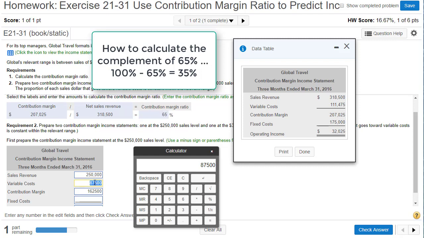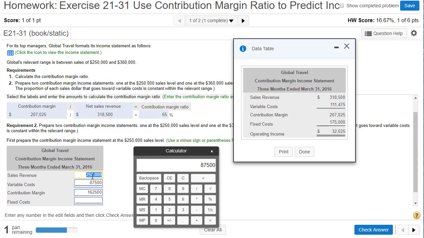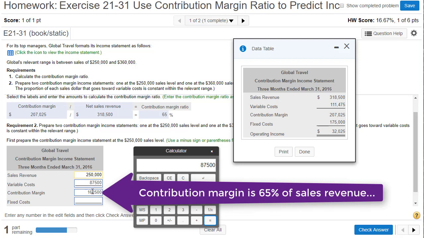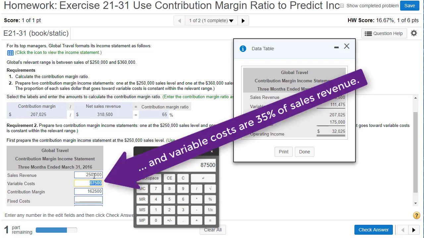So we could have calculated this 87,500 by taking the sales revenue and multiplying it by 35%. 250,000 times 0.35 gives us 87,500. So if contribution margin is 65% of sales revenue, then this 87,500 must be 35% of it.